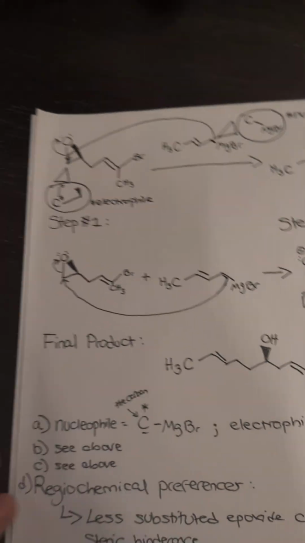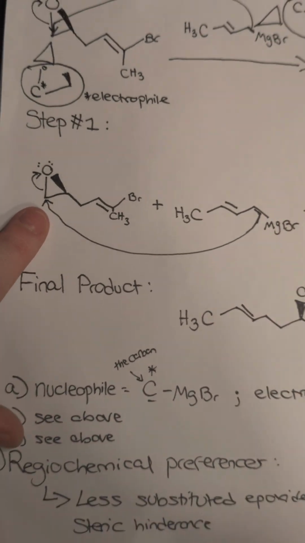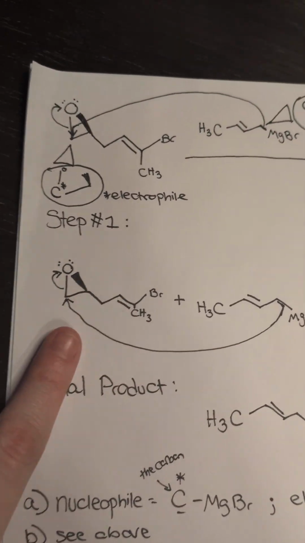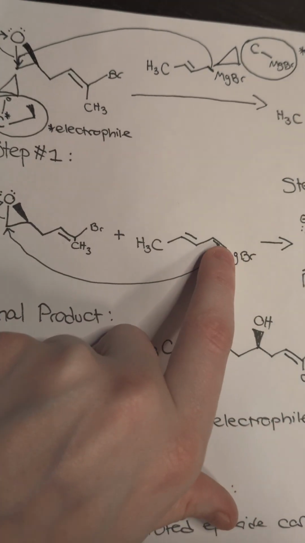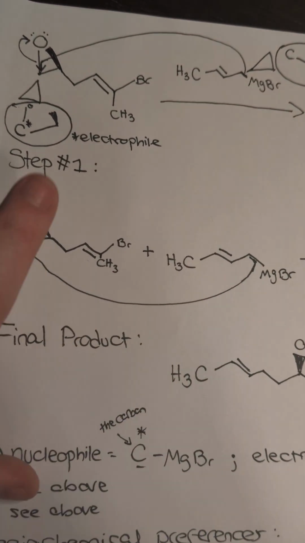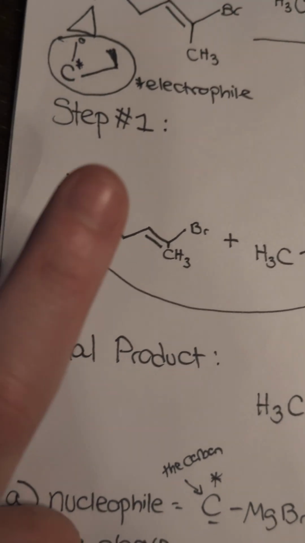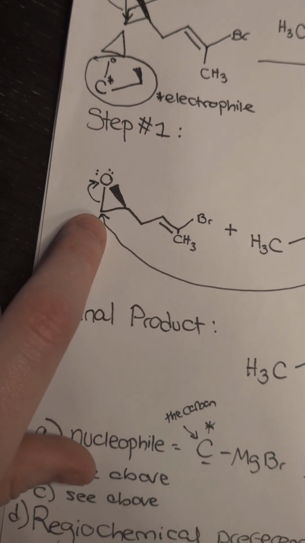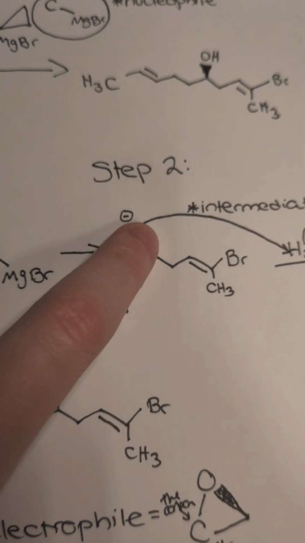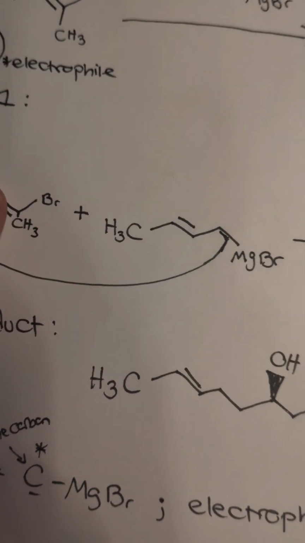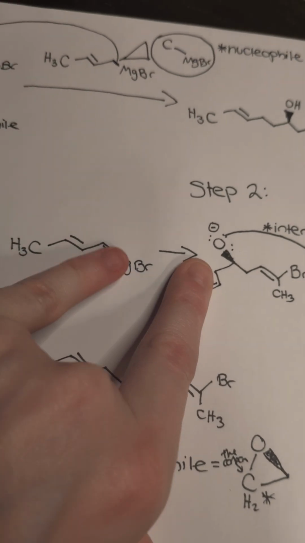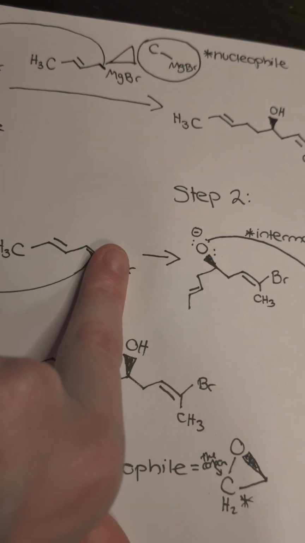So the overall electron flow, as we can see here, is that this reaction undergoes two key steps. Step one is that this nucleophilic carbon is going to donate a pair of electrons to the electrophilic epoxide carbon. When that happens, we're going to see a bond form between the carbon here and the carbon here, and the MgBr is going to disappear.